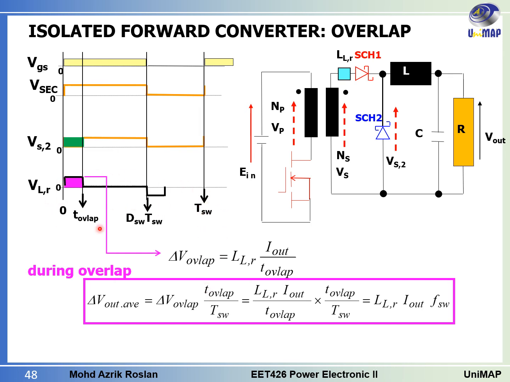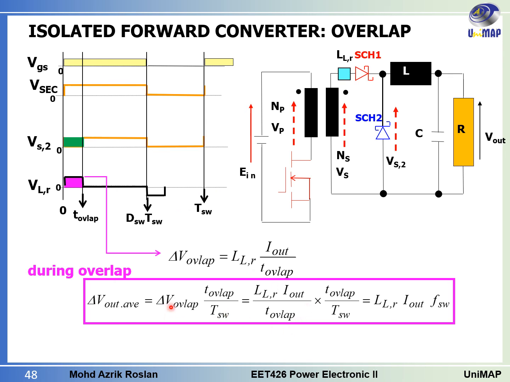To get that information, the delta V out average will be equal to the voltage at this particular point, multiplied by the T overlap, the time at this point, divided by the overall switching period here. By having this value, we can analyze it for the whole switching period.